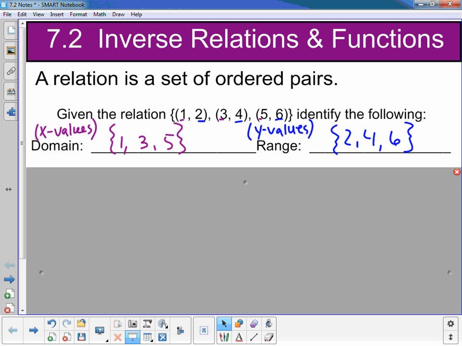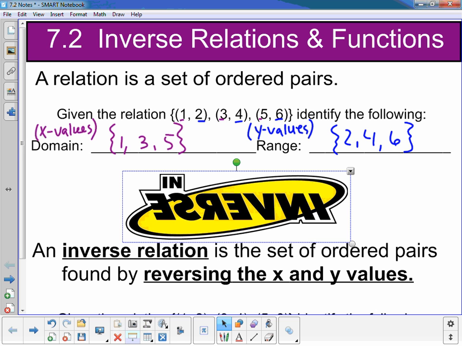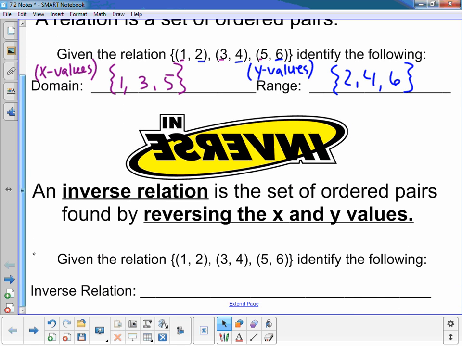Now, when we look at an inverse relation, we're really looking at reversing the x and the y values. So an inverse relation is the set of ordered pairs that are found by reversing the x and the y values. That's literally what we're going to do. We're going to switch x and y.